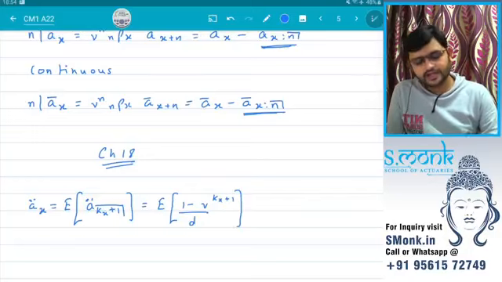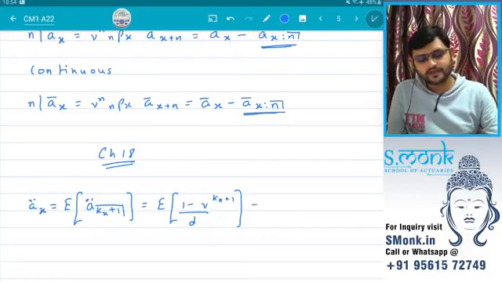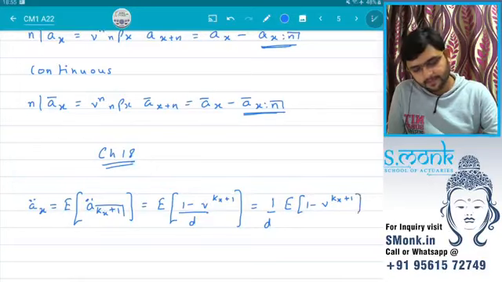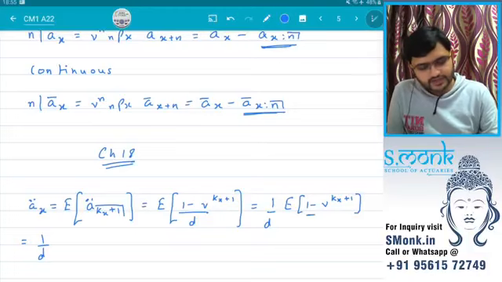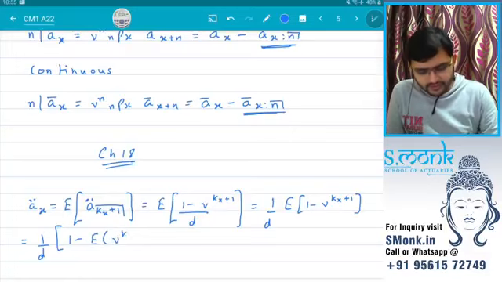We can take d out, since something multiplied remains the same: 1 by d, expected value of 1 minus v raised to kx plus 1. Then the expected value of a constant will be the same, so I'll have 1 minus the expected value of v raised to kx plus 1.